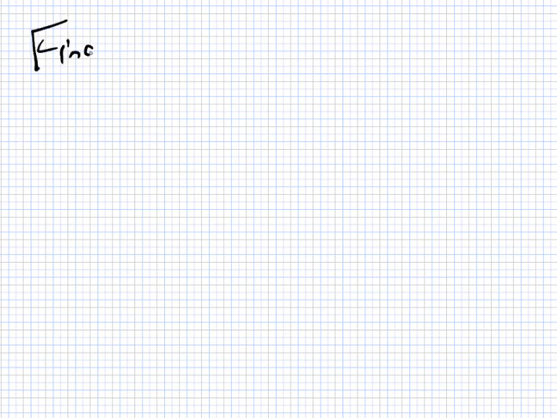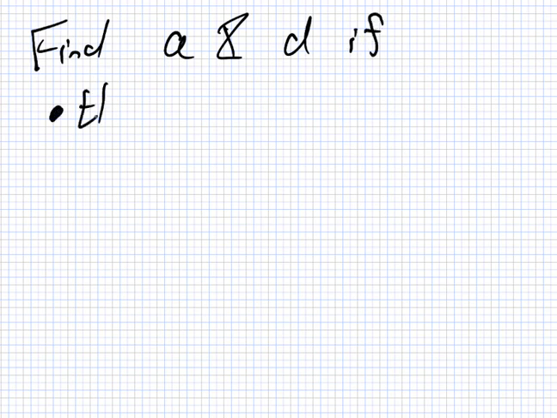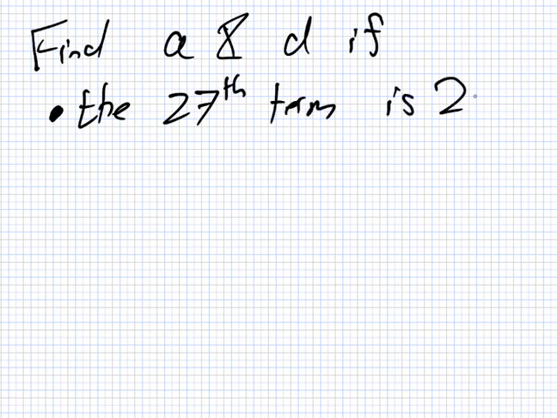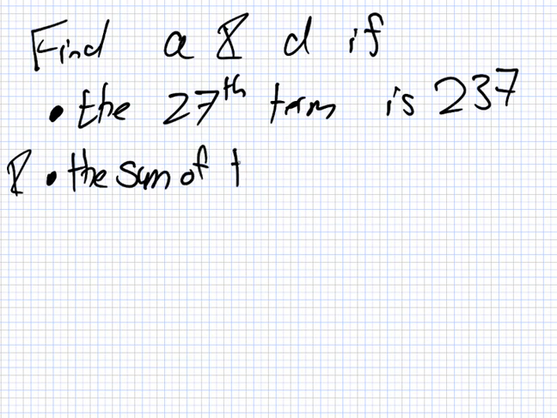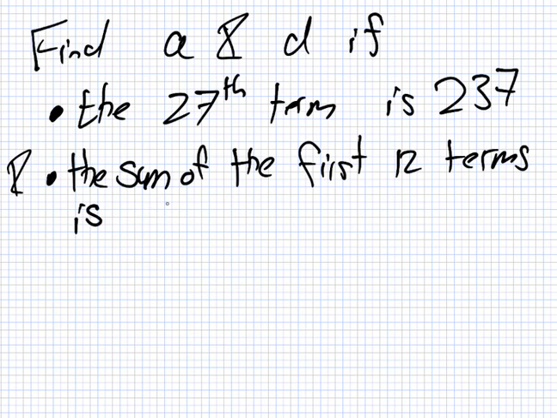Find A and D if the 27th term is 237 and the sum of the first 12 terms is 630.